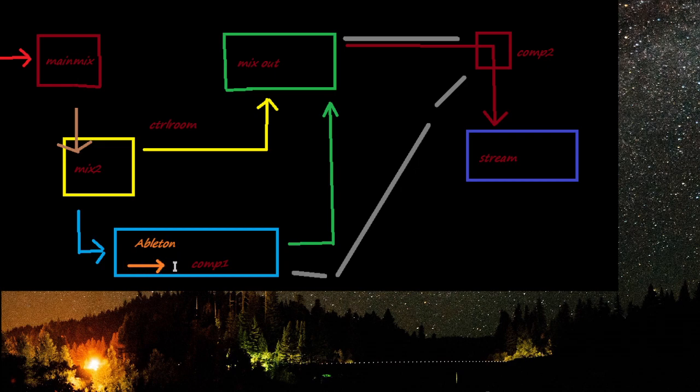The orange arrow means other stuff inside the computer. So this is Ableton output, is what this says. I might as well just put a line there then, I guess. Yeah, oops.